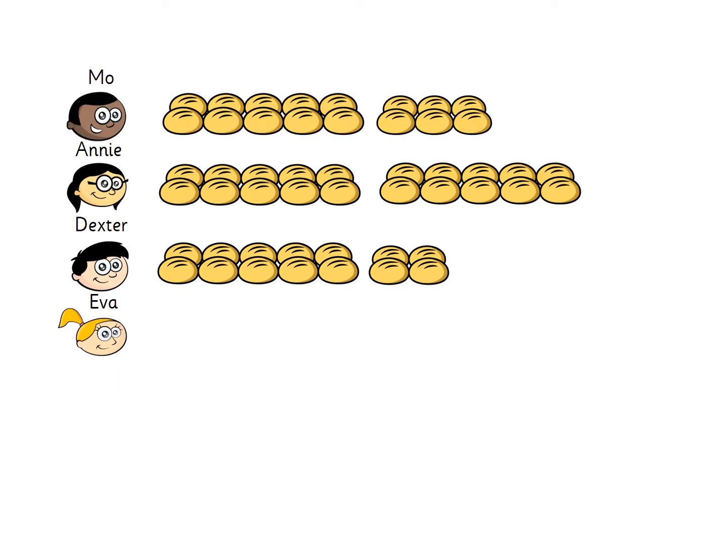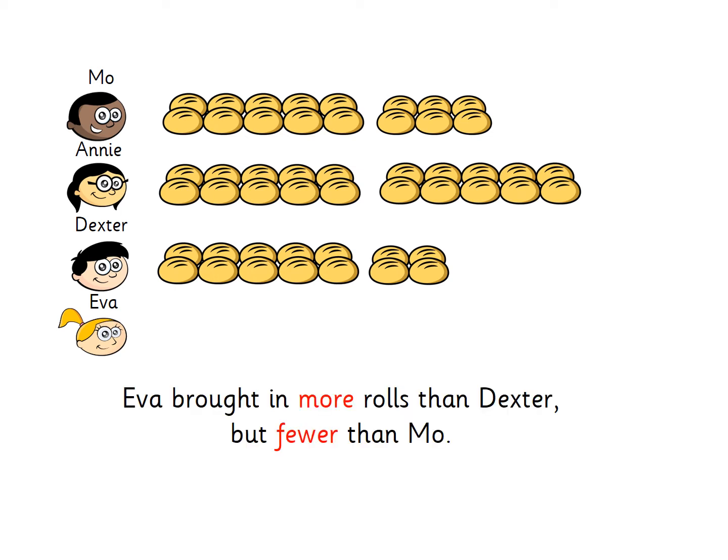Right, we've got an extra person now, so we've got Mer, Annie, Dexter and Eva. And it says Eva brought in more rolls than Dexter, but fewer than Mer. So she brought in more than Dexter. Dexter had 14, but less than 16. How many rolls did Eva bring?